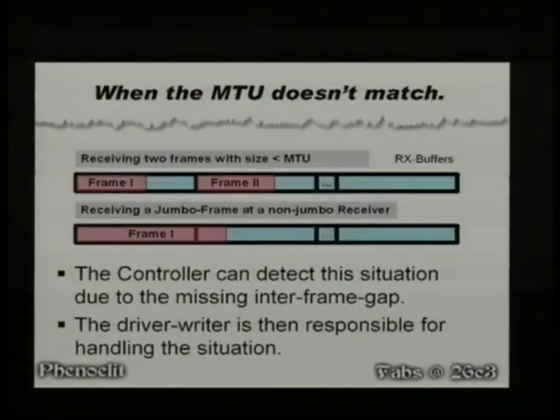So here's what happens. Usually, if the frames are smaller than the MTU, each frame just gets put into its own little so-called RX buffer, the receive buffer. Now, if the frame is larger than the MTU, it will actually span multiple buffers. This is not a problem for the controller, because the controller will detect the difference between two frames, where one was maximum size and the other was little, and one frame which spanned multiple RX buffers.